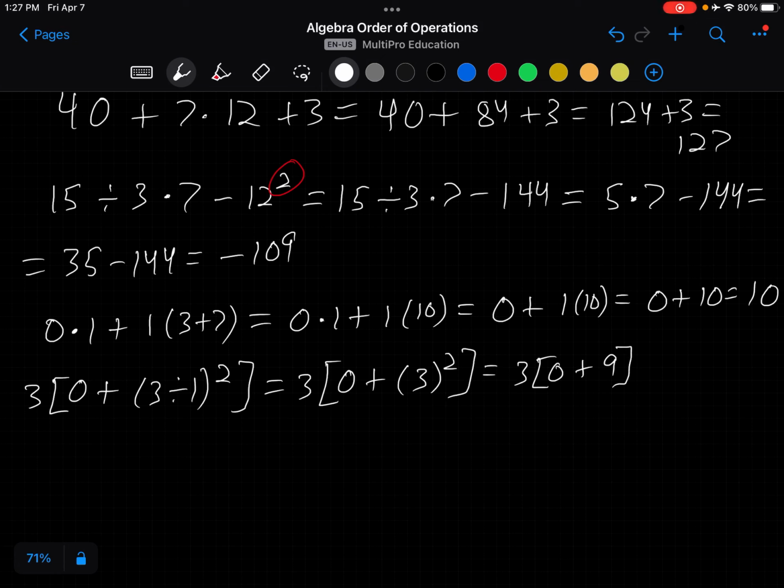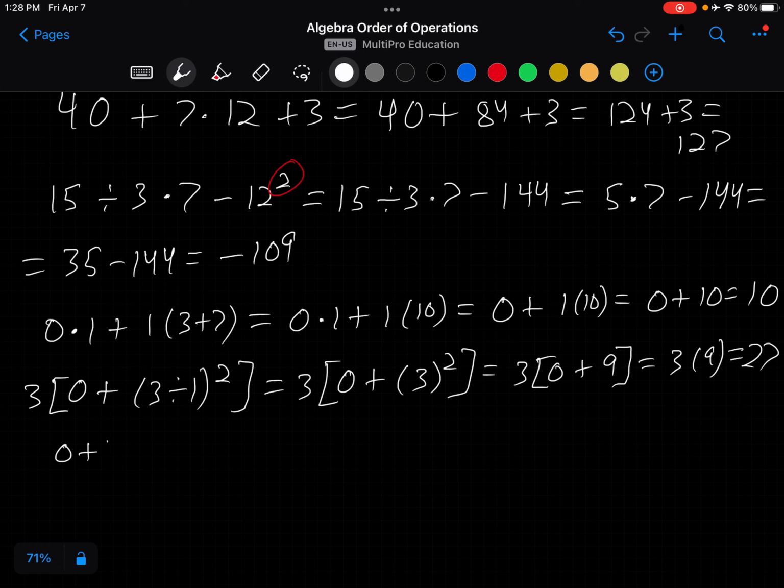So 3 bracket 0 plus 9. Okay, now the bracket's acting kind of like a parentheses now. So let's go ahead and just solve what's inside of there. So that's 3 times 9. So then 27. Okay, so it's kind of like a big parentheses, so you have to solve it last, save it for last.